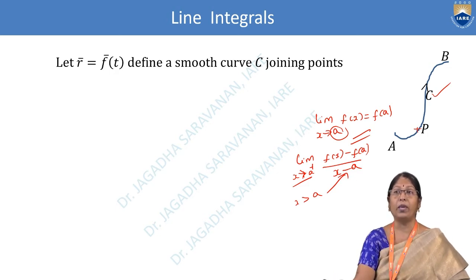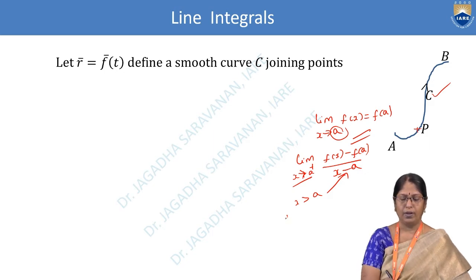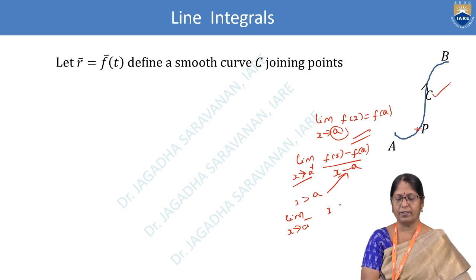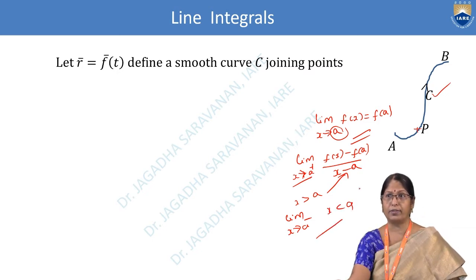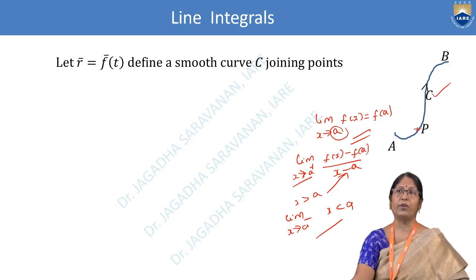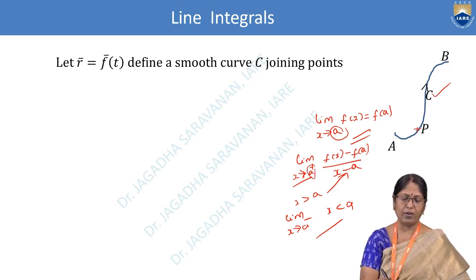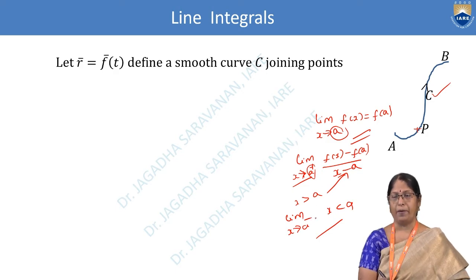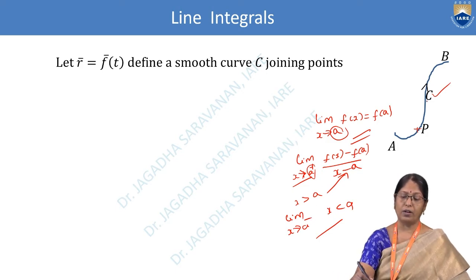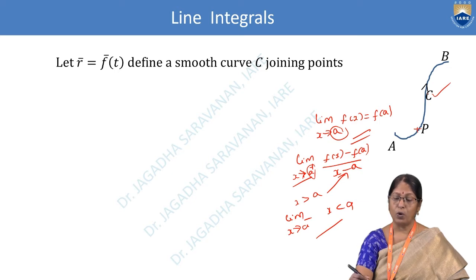That result should be equal to the limit as x tends to a minus, that is x less than a. If both conditions are satisfied, then we call it differentiable at this particular point a. So whatever points lie on our curve, they are differentiable and continuous.